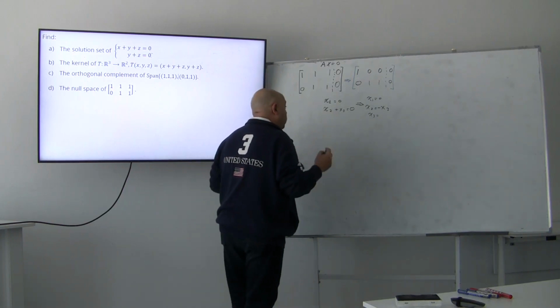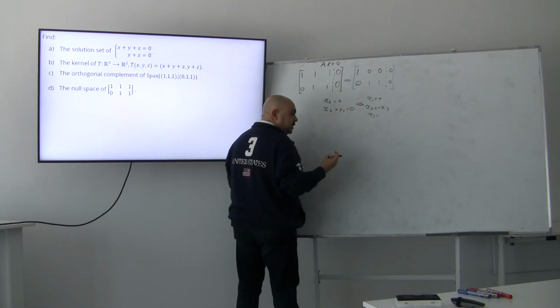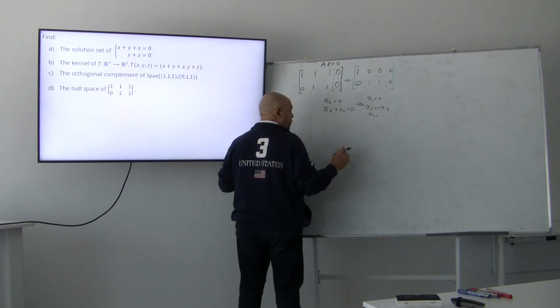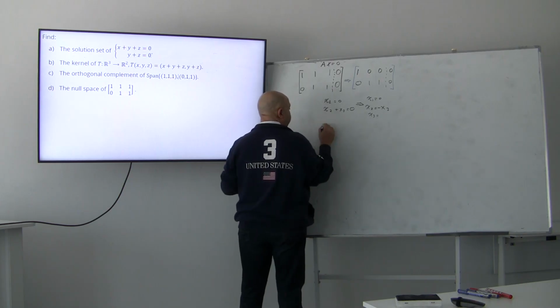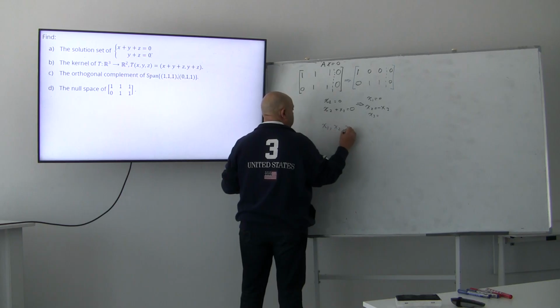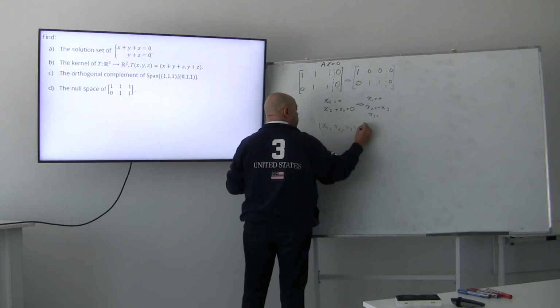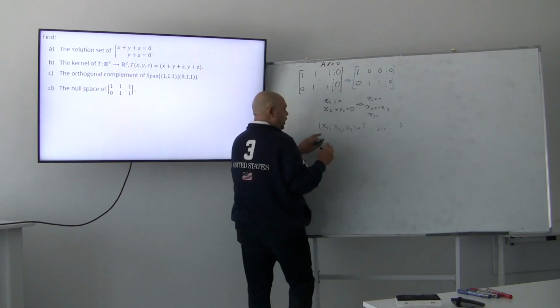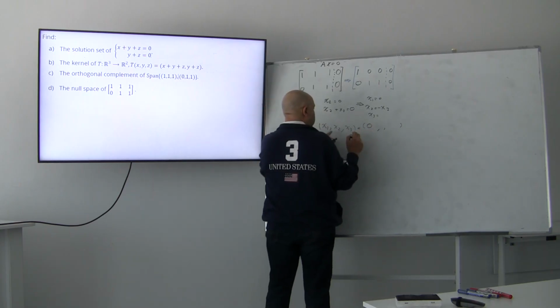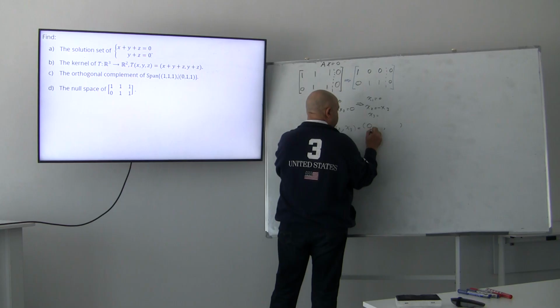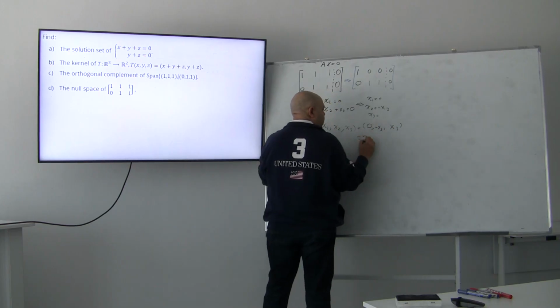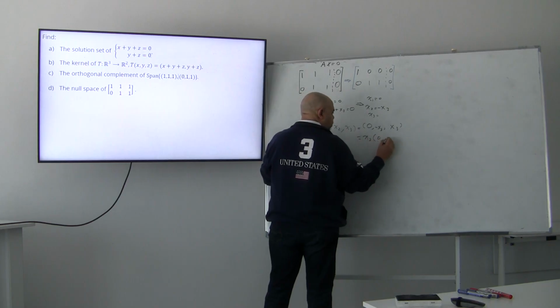So if I want to write this on the solution set, I will have x1, x2, and x3. These are the coordinates of the solution set. Instead of x1, we have 0. Instead of x2, we will have -x3, and we have x3. We can take x3 as a common factor, so the combination will be 0, -1, and +1.